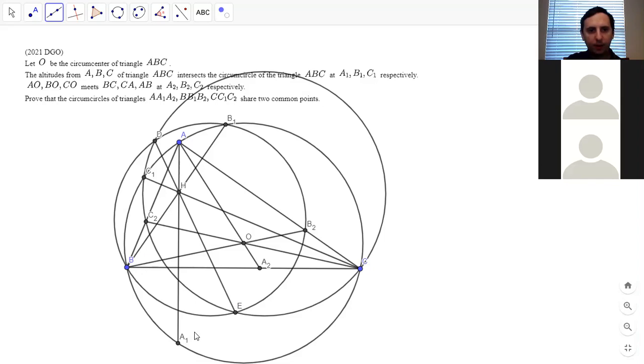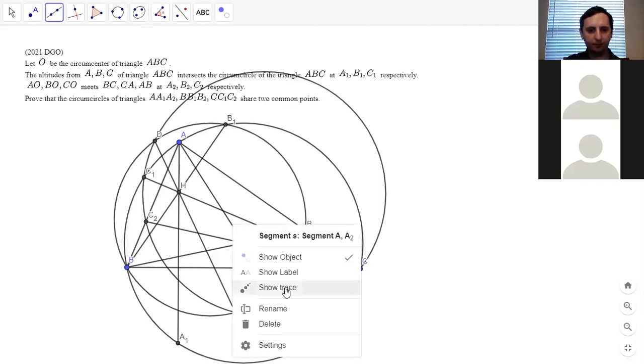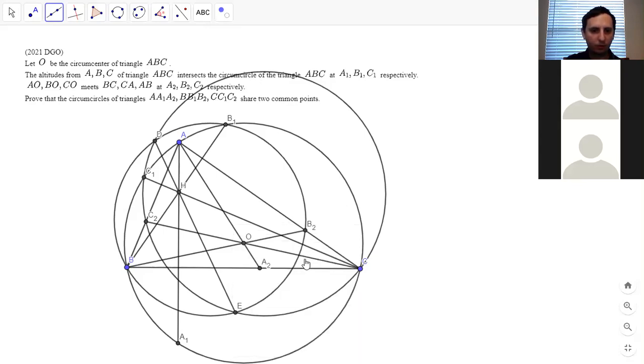I think by power of a point, we could probably show D, A, E, A1 is cyclic, right? Yeah, we can. So we just need to show A2 lies on that circle. What we could do is draw that circle and let it intersect BC at a point. So maybe A2 prime.